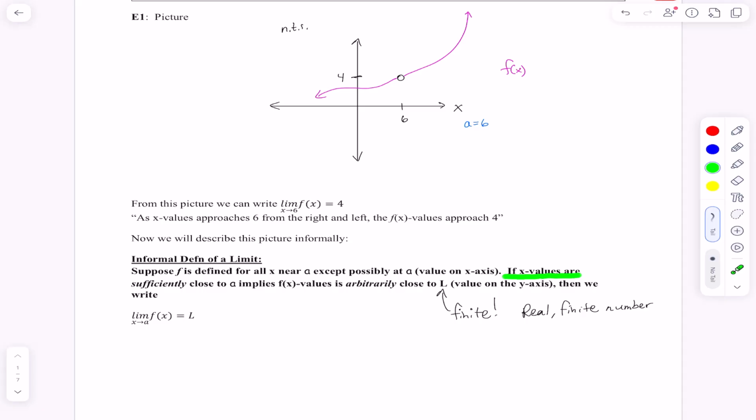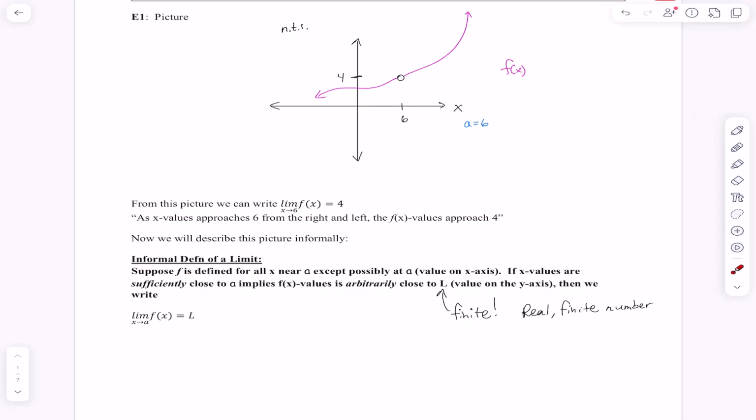If x values are sufficiently close to a, implies that the corresponding f of x values are arbitrarily close to L. L in the previous example is actually 4. Notice 4 is not in the range of the function.